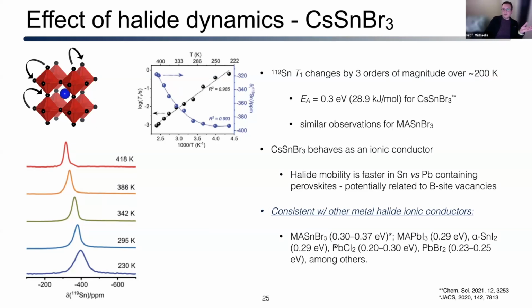And if you actually start going through the literature, you can see here that the tin bromide and the lead iodide and some other tin and lead salts have fairly similar activation energies with halogen dynamics occurring. And so there are discussions on whether these are metallic conductors or ionic conductors. And in this case here, it definitely appears to be some kind of an ionic conductor. I'll get back to this later because we have some new results that are relevant and interesting to this.